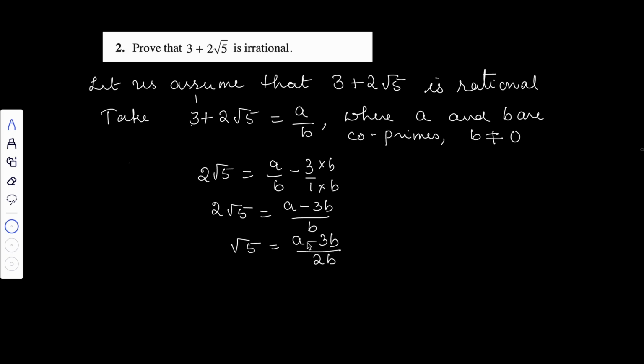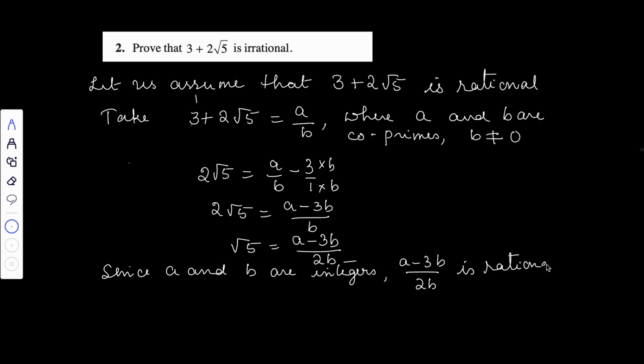So here, since a and b are integers, a minus 3b by 2b is rational. That means root 5 is rational, because both are equal.